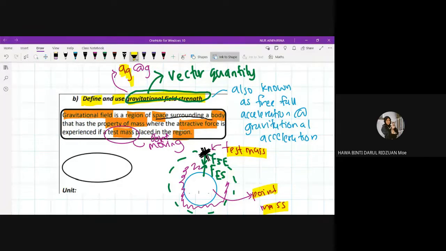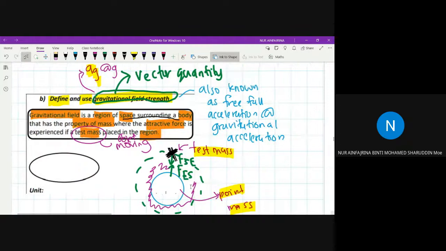Test mass Earth, point mass Sun. Very good. Sebab apa? Sebab earth mengelilingi matahari. So, matahari awak akan jadi point mass manakala your earth will become test mass. Okay, so far so good everyone? Yes, Miss.